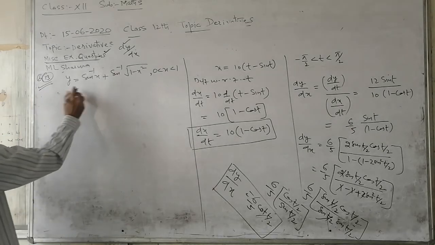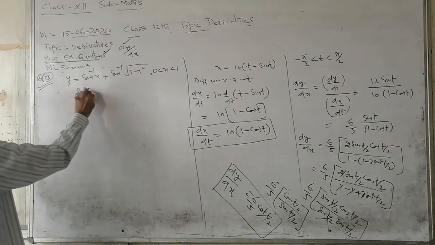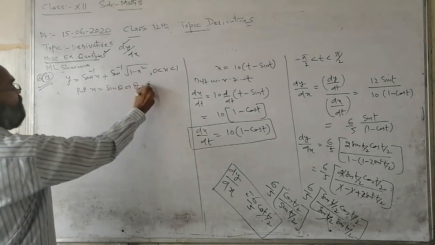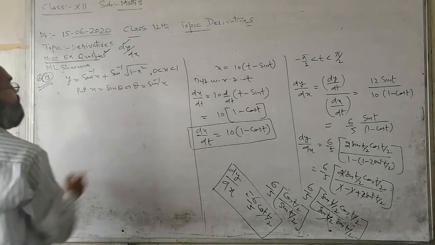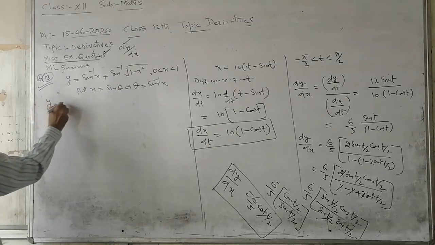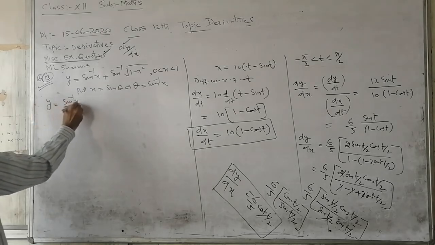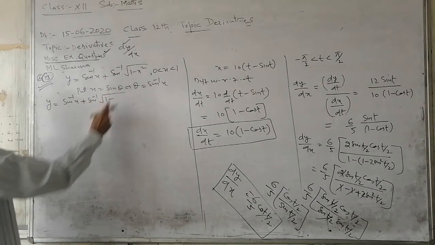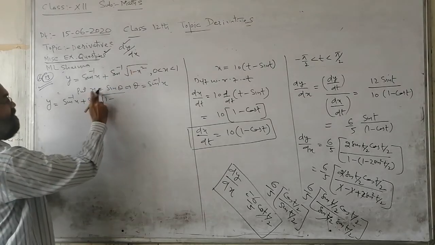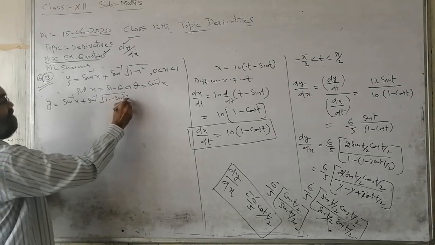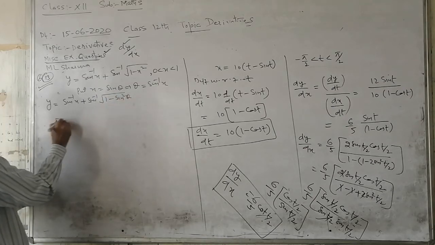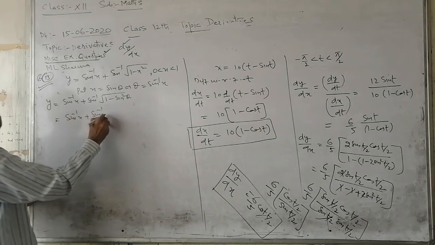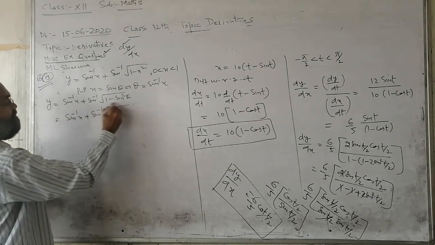Here, if I put x equal to sine theta, that means theta equals sine inverse x. So y will be equal to sine inverse x plus sine inverse under root of 1 minus, instead of x square I can write sine square theta, and this will equal sine inverse x plus sine inverse under root of cos square theta.